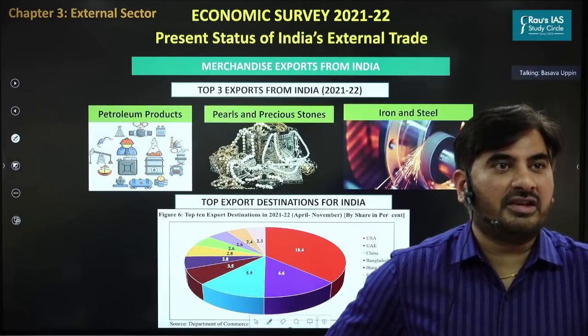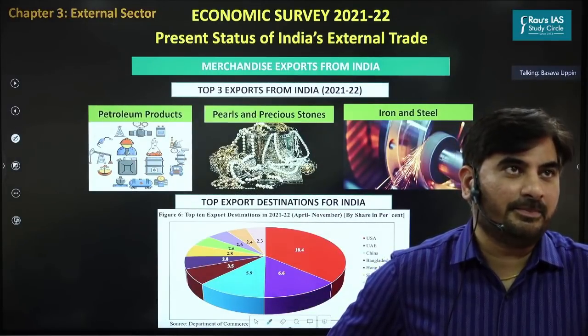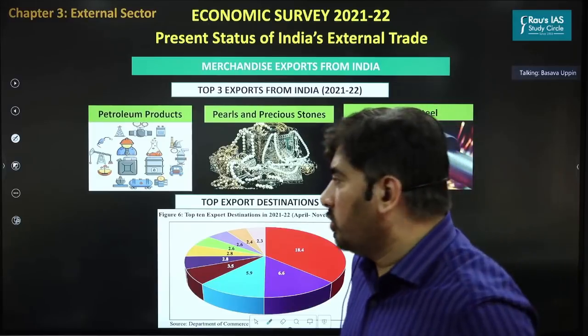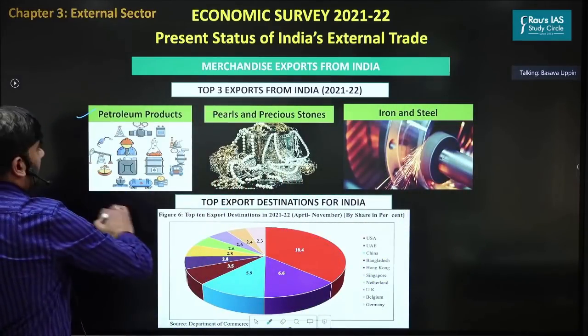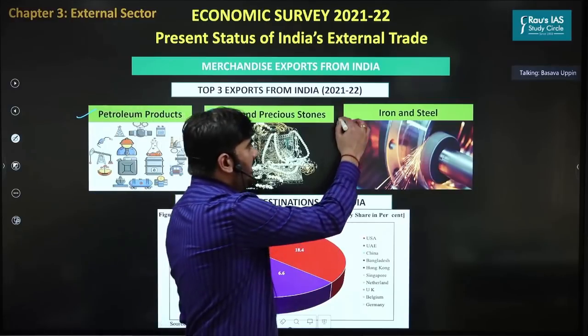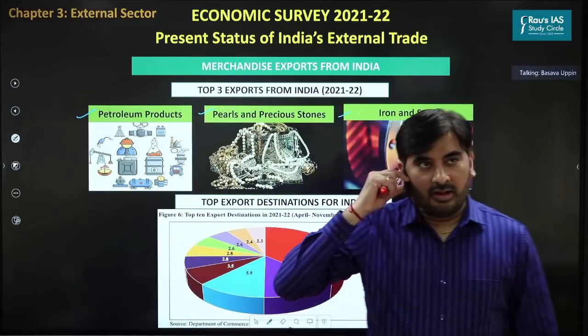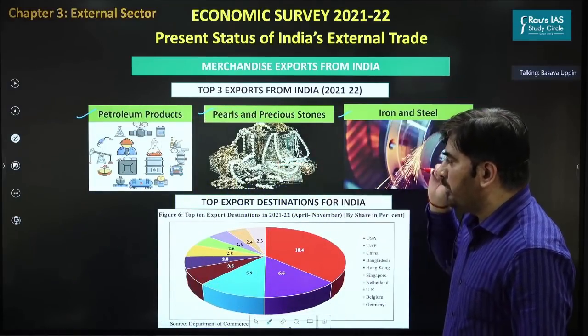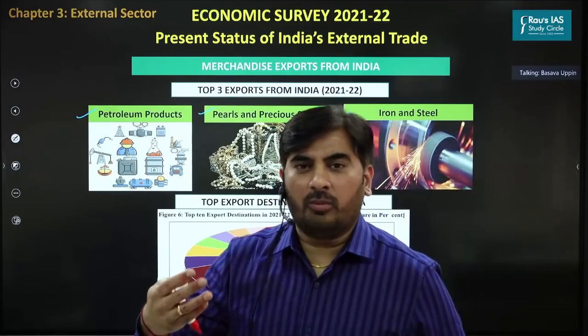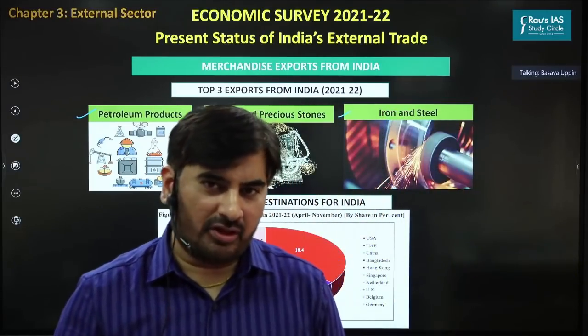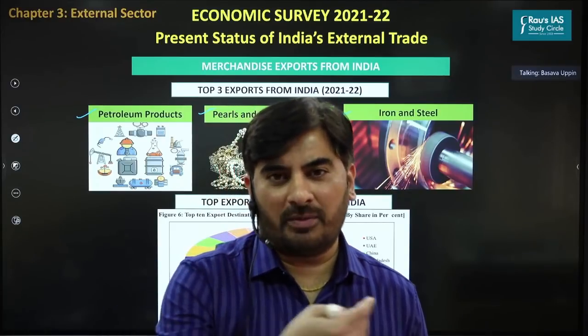As far as merchandise exports are concerned, as you can see, the top 3 exports from India are petroleum products, pearls and precious stones, and iron and steel. When it comes to petroleum products, I hope you know that almost 80% of the oil that we use in India, we import from other countries.